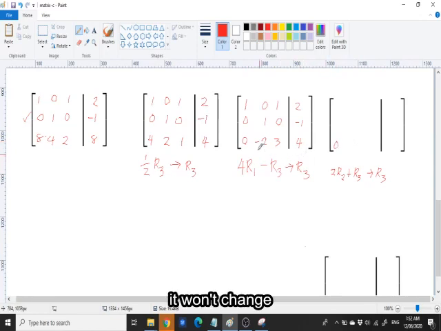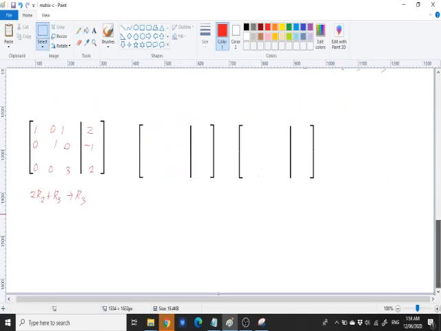Nothing will change. 2 times 1 is 2, plus negative 2 is 0. 2 times 0 is 0, plus 3 is 3. And then 2 times negative 1 is negative 2. Negative 2 plus 4 is 2. Right? And then all else is the same. Ooh, so many empty spaces.